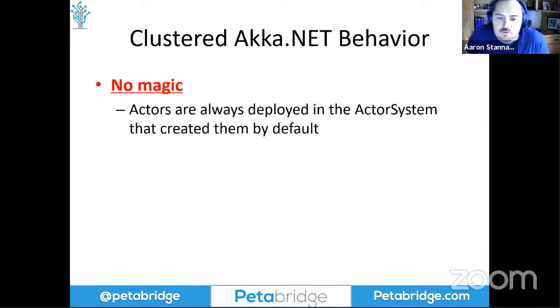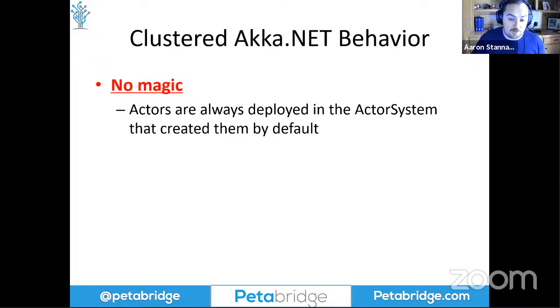What I mean by no magic is that when you call ActorSystem.ActorOf or Context.ActorOf inside an Akka.Cluster application, those actors are always deployed locally inside the same process you're running inside of right now. That's a good default. It means you're able to exercise control over the locality of those actors. A lot of developers assume that we're going to arbitrarily deploy it somewhere inside the cluster. We do not do that.